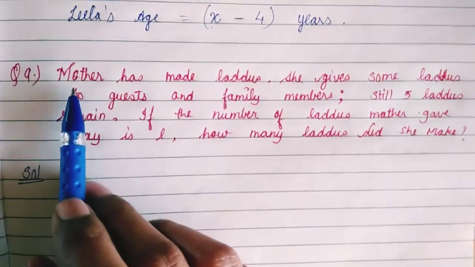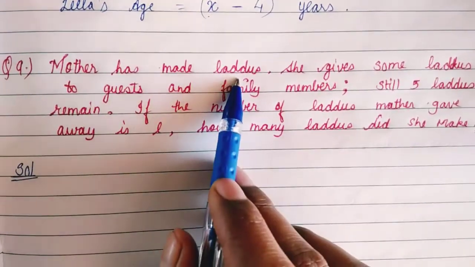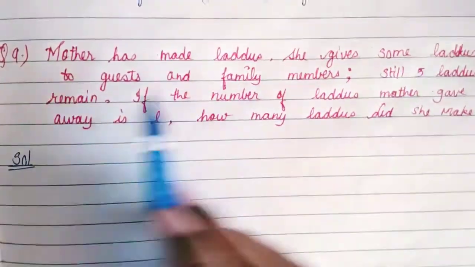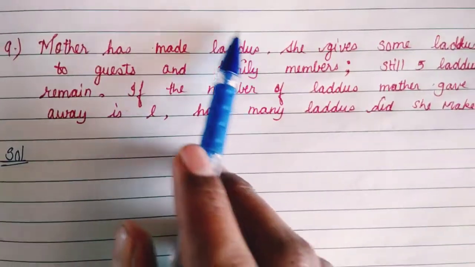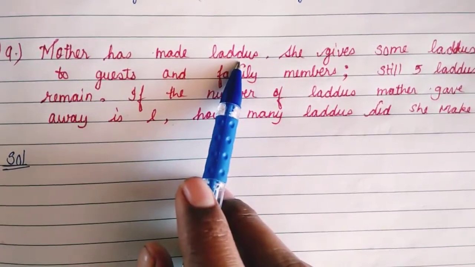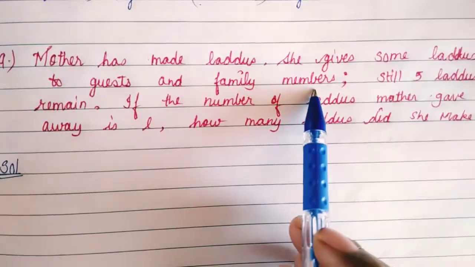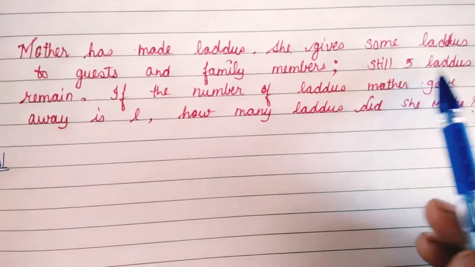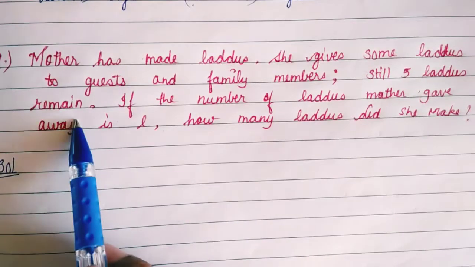Question number 9 is, mother has made laddus. She gives some laddus to guests and family members. After giving laddus, 5 laddus still remain.